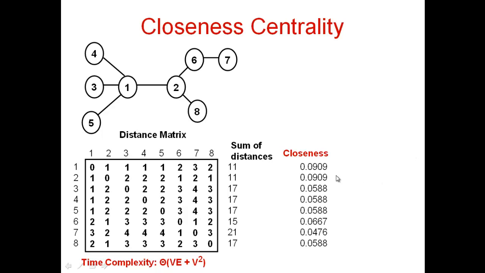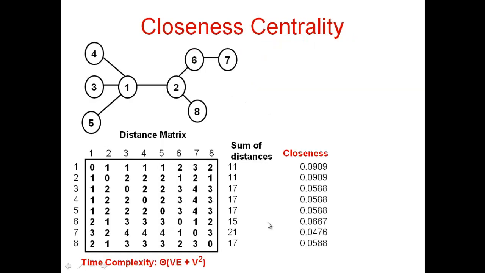So that is why we take the inverse of the sum of the distances. When you take the inverse, these are the values. The lower the integer value, the larger its inverse. Compared to say 21, its inverse is 0.0476, whereas the inverse for 11 is 0.0909.